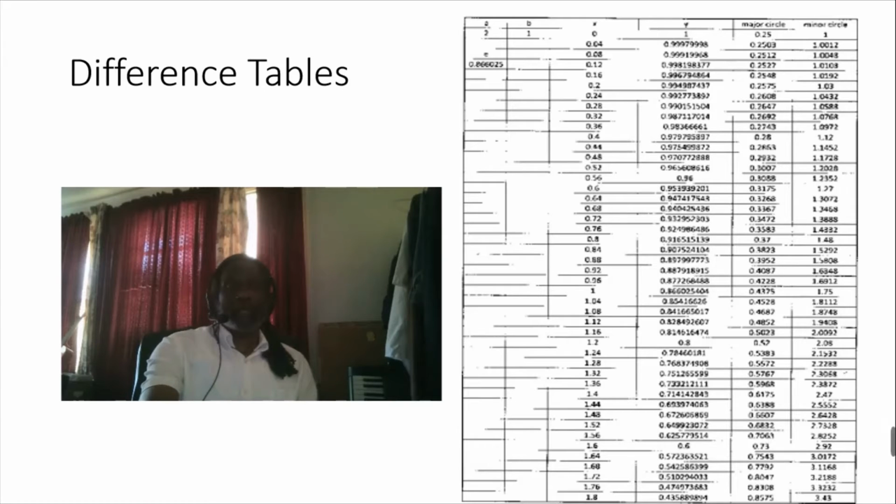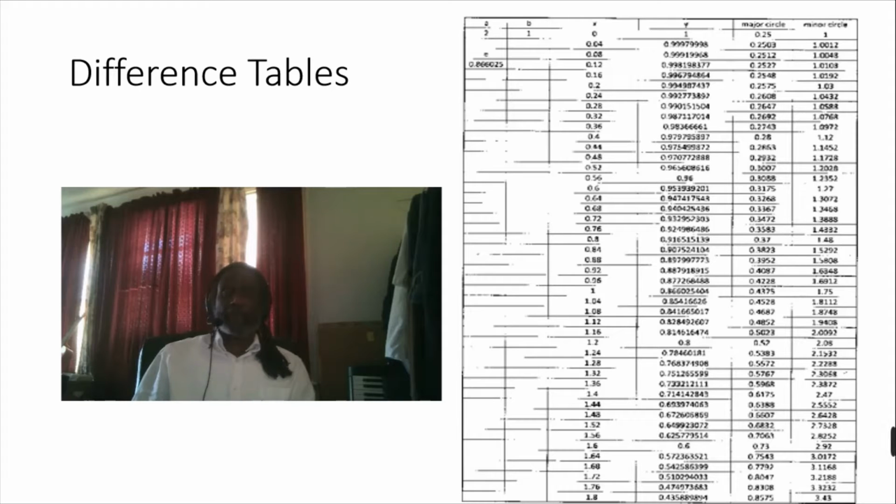So starting at the top here, I was looking at the fact that I had this table of numbers, and that the best thing that I could do with these numbers was to generate some difference tables. There were major circles, minor circles with X's and Y's.